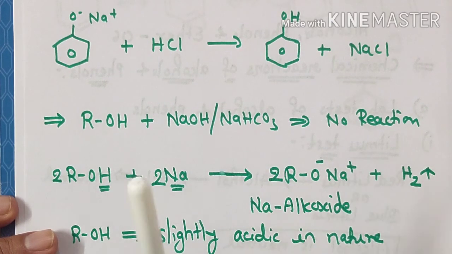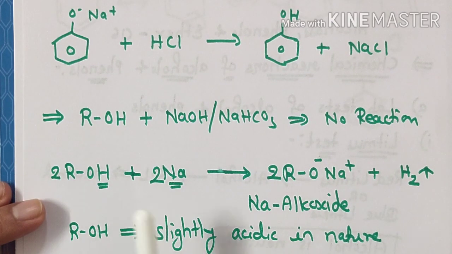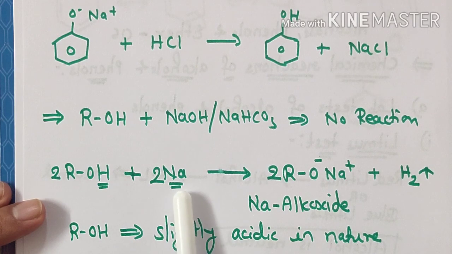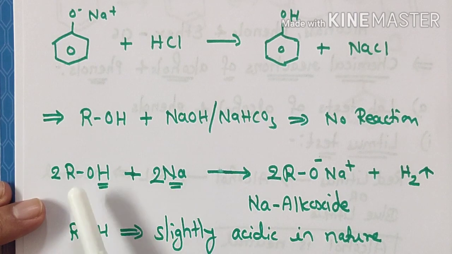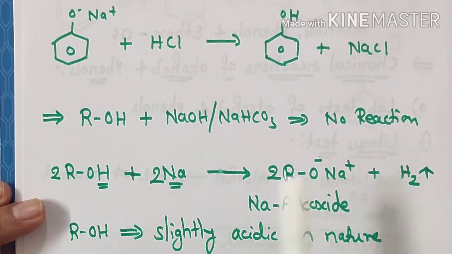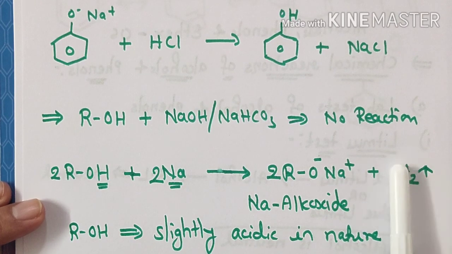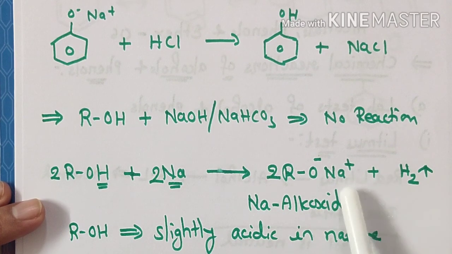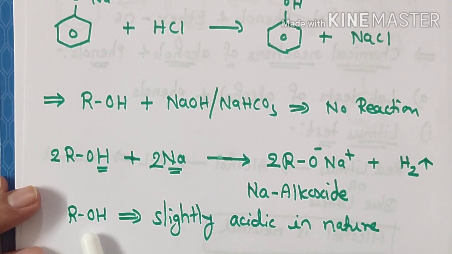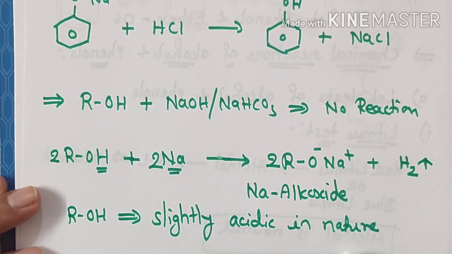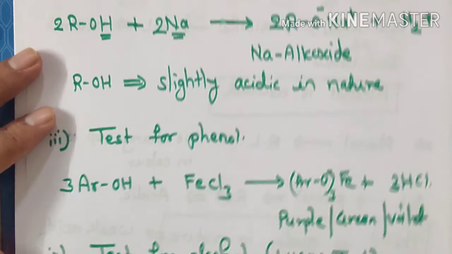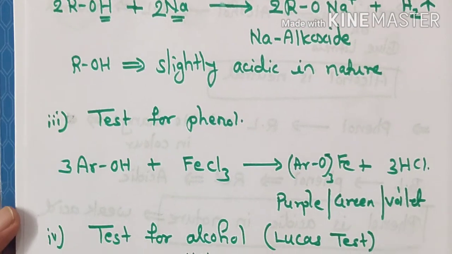But when this alcohol was treated with an active metal like sodium, it was found that hydrogen gas was liberated, proving that it acts as an acid in the presence of a metal like sodium. So even alcohol is slightly acidic in nature, right? That was the bottom line.